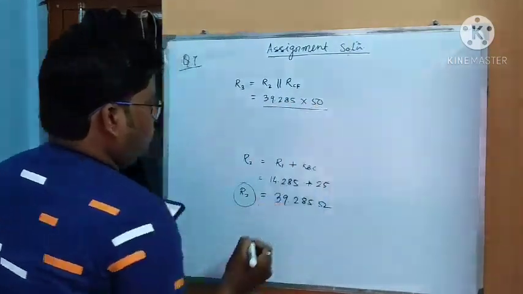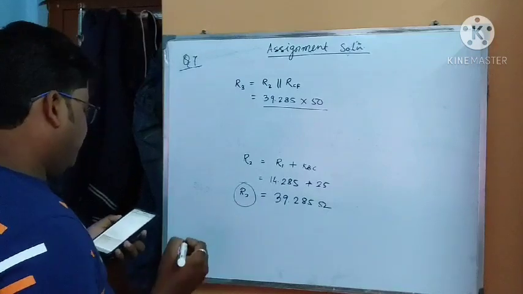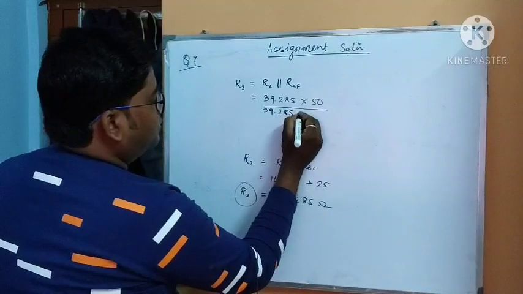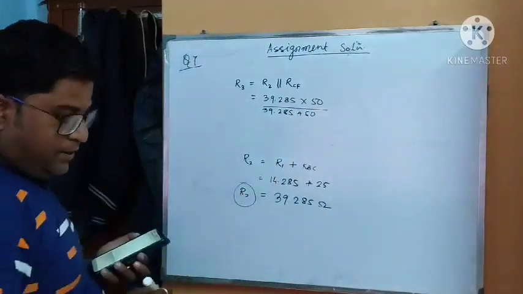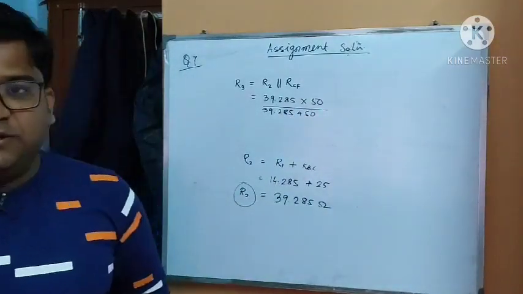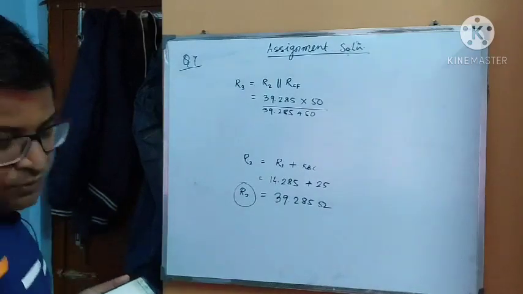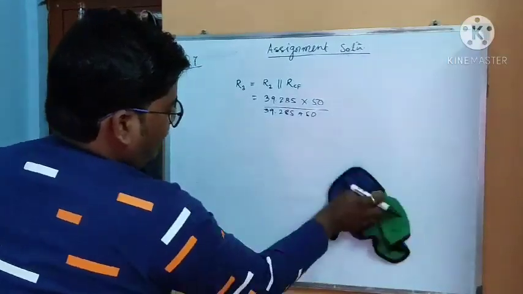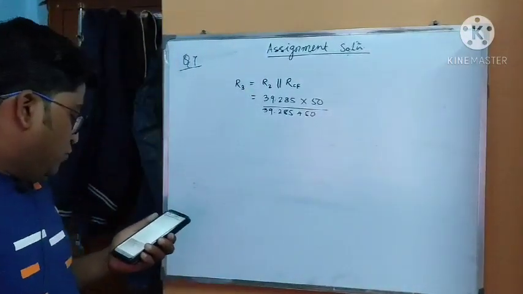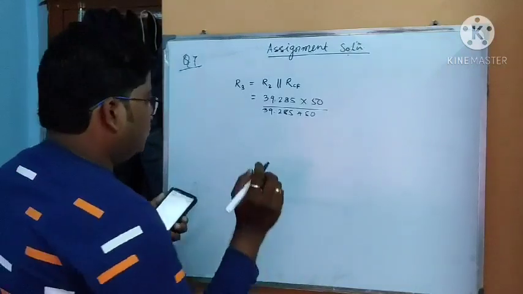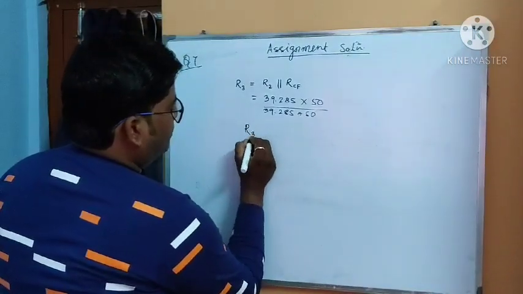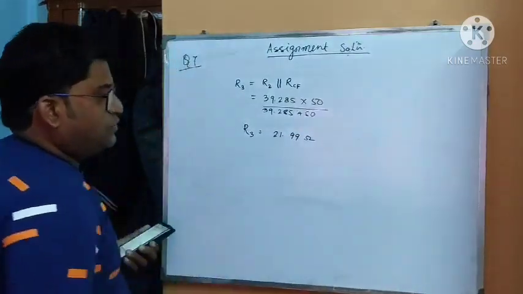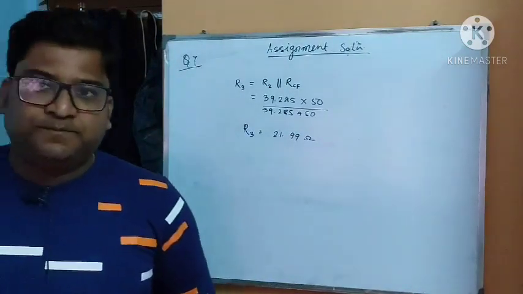So 50 into 50 divided by 39.285 plus 50. Okay, and when we simplify this combination, we are getting R3 equal to 21.99. So the value of R3 is equal to 21.99 ohm. This is the value of R3.